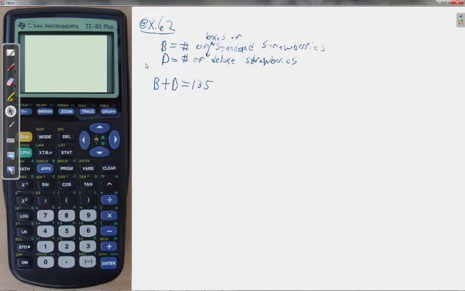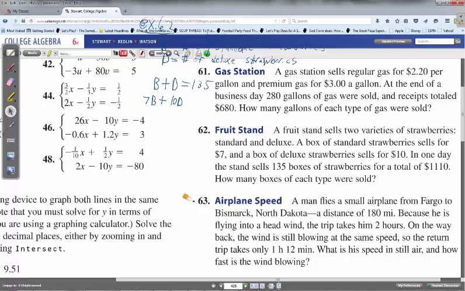Well, each one got us $7, so our total money from the standard strawberries would be 7 times B. And our total money from the deluxe strawberries would be 10 times D. And then we know the total money from everything was 1110.